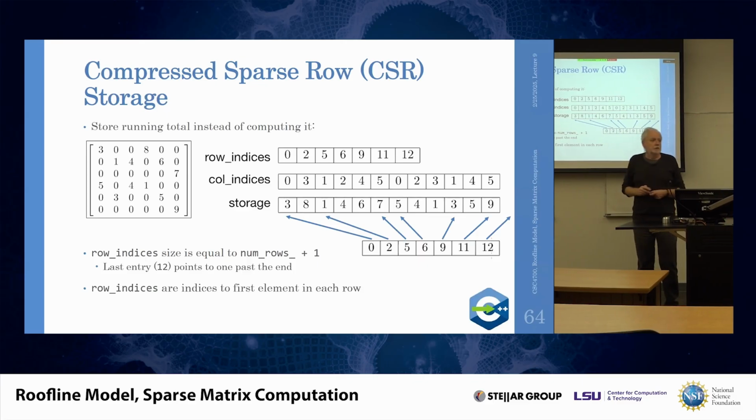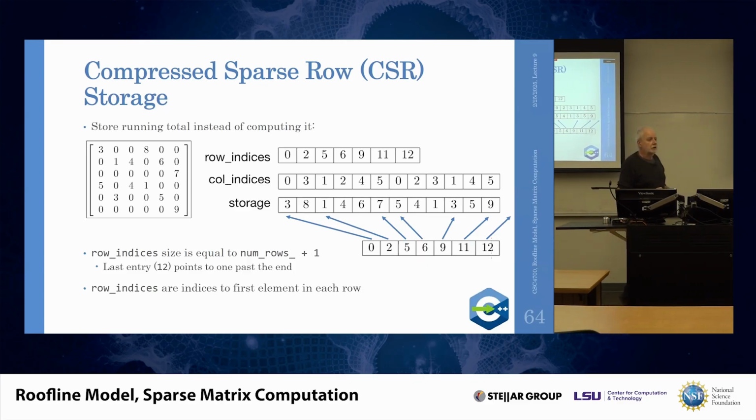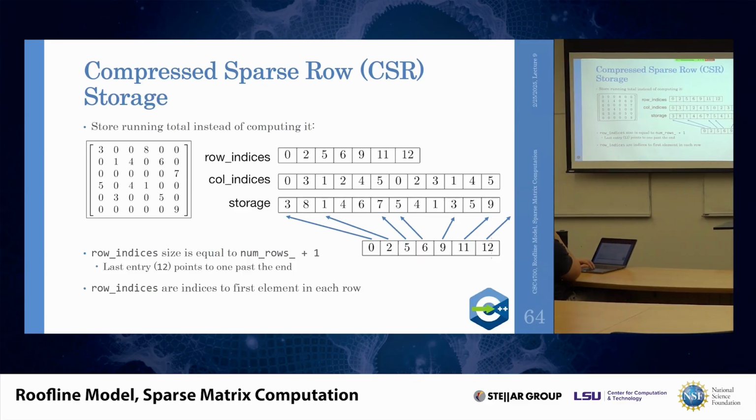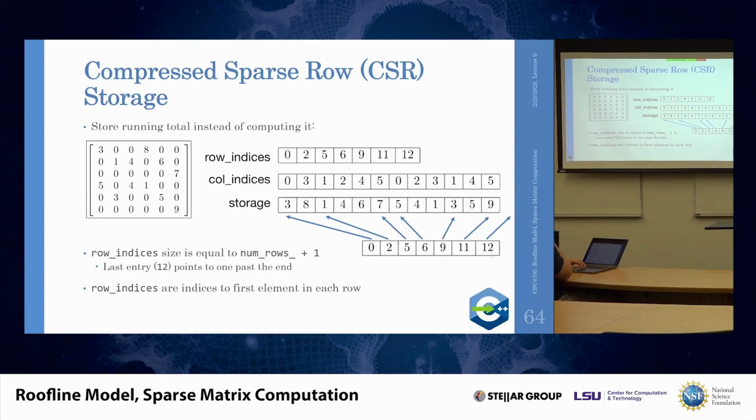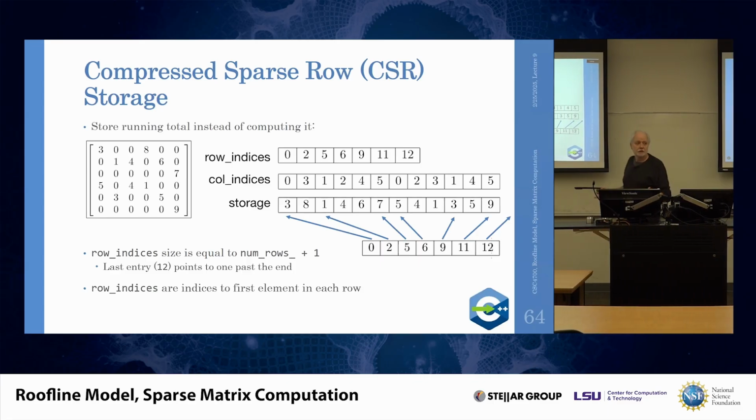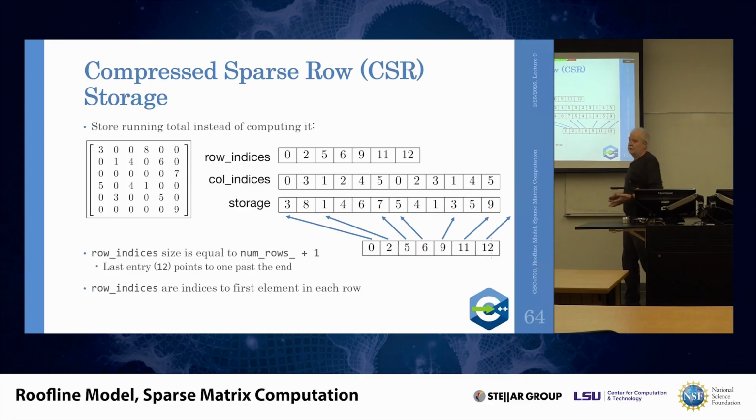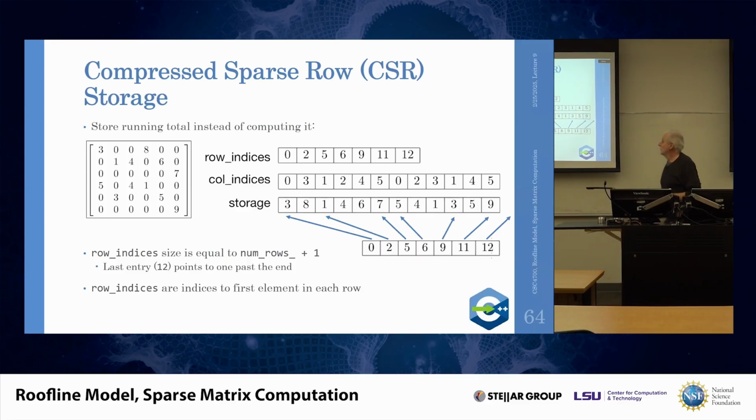And it's, by the way, used not only in linear algebra, it's used in graph computation. Well, graphs can be represented by matrices, so it's logical. You will find that format very widely used in cases where you have matrices that have a lot of zeros and you don't want to store them.